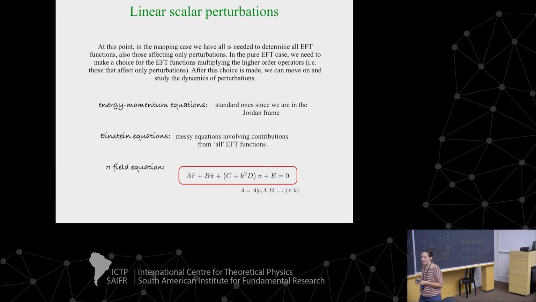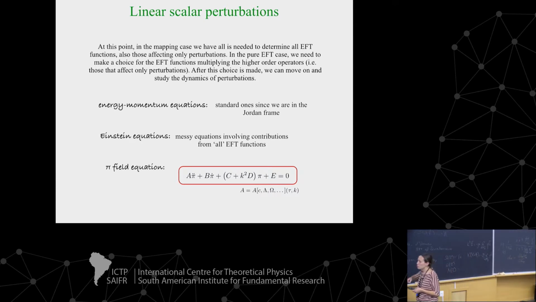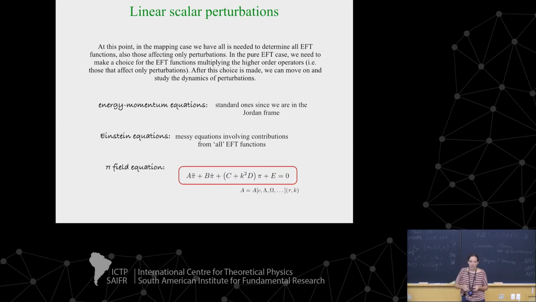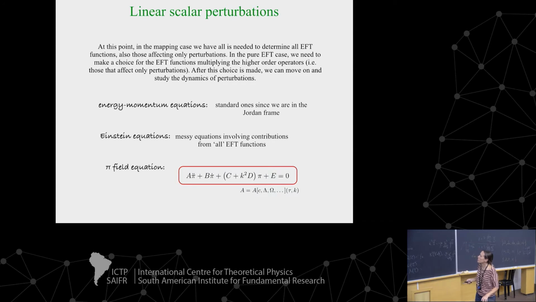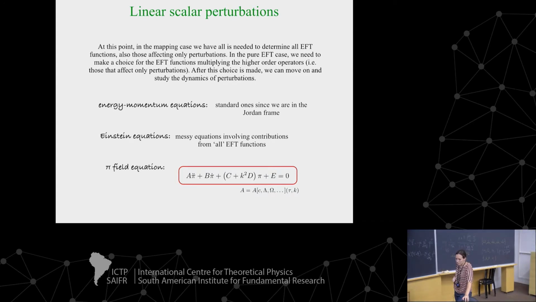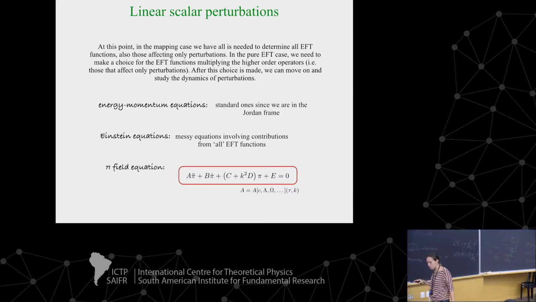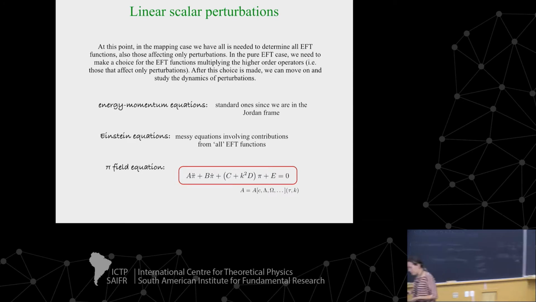So you basically have to find ways of making sure your code doesn't go through these oscillations. And also initial conditions is something that is very tricky to set in these models. So the simple way out is you say at early times I have GR and then I gradually turn on these functions. One way to deal with these oscillations that are very difficult to control is what we call, for instance, return to GR.